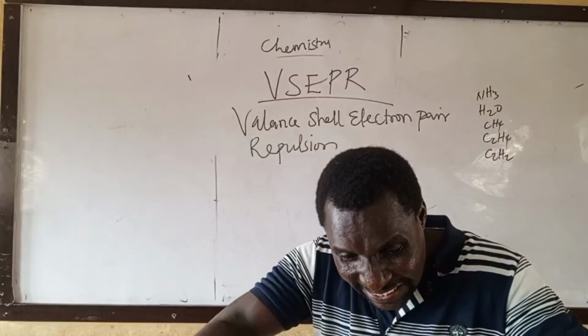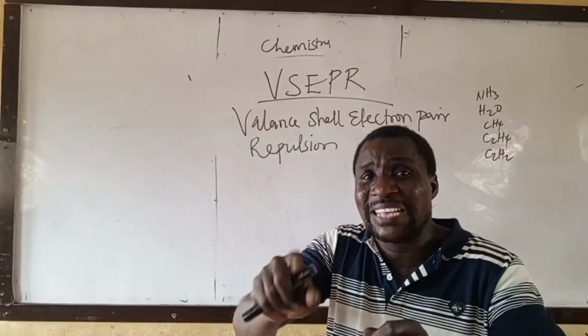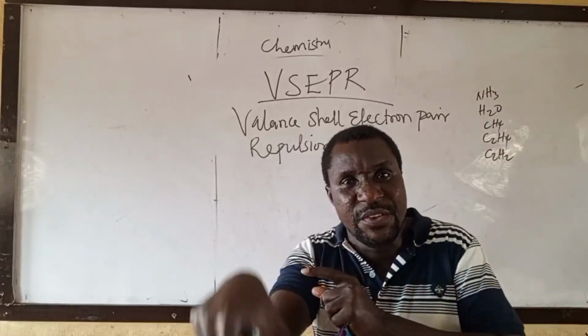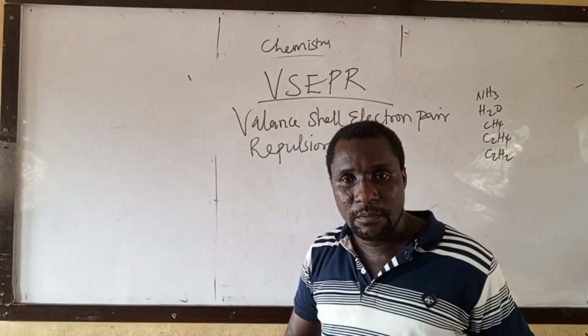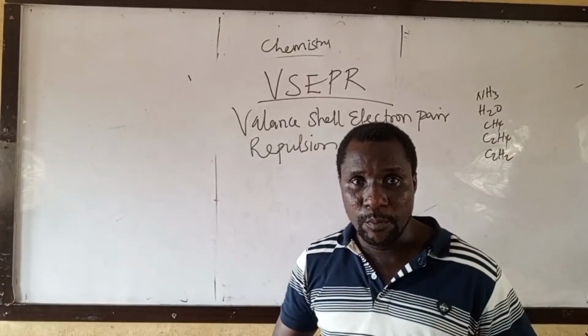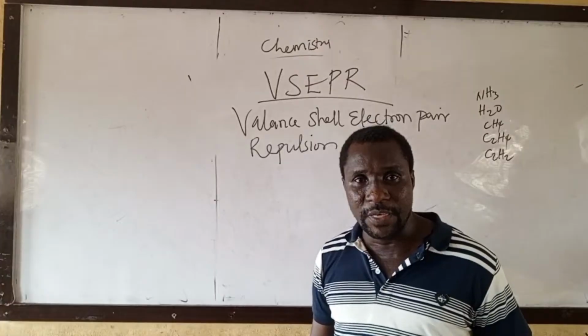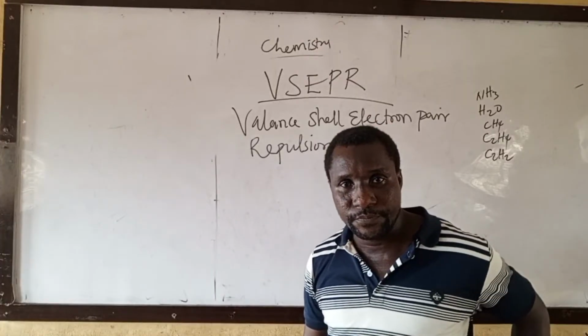Lone pair influences it a little bit. That means lone pair has a little bit of influence on it. Bond pair determines it, but lone pair influences it a little bit. Take note of that.